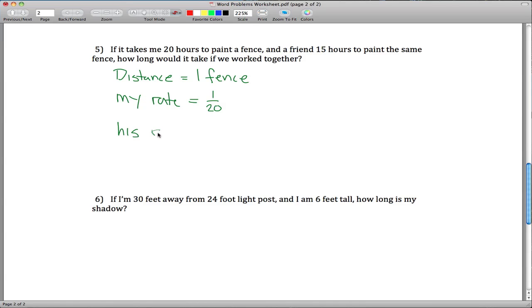His rate is he paints 1 fence every 15 hours. So maybe our rate is my rate plus his rate. Which, let's see, common denominator, this is 4 times 5, this is 3 times 5. So 3/60ths plus 4/60ths, which is 7/60ths.